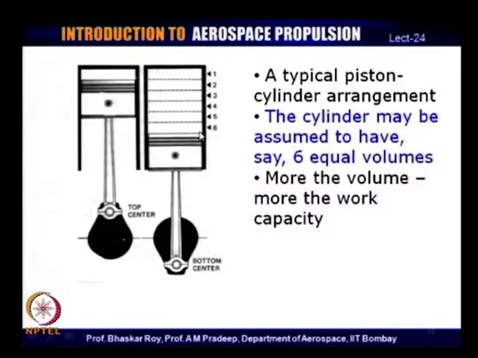Let us say that we have 6 different equal volumes of the cylinder. You could have cylinders made of any of these number of volumes put together. So, more the volume, more is the work capacity of the cylinder, as we have seen before.